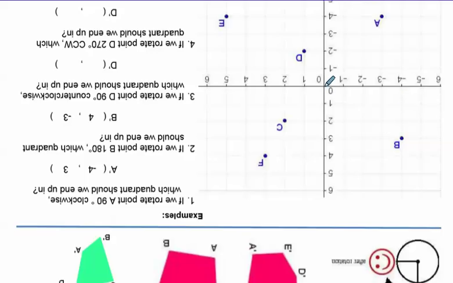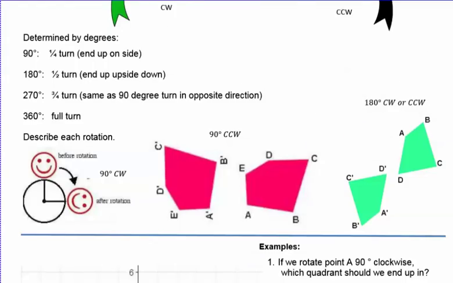So again, we start here. We want to get to B. We rotated our paper 180 degrees. By rotating our paper, we rotate the point. And now, I'm moving right 4, down 3. Okay? So then I go back, right 4, down 3.